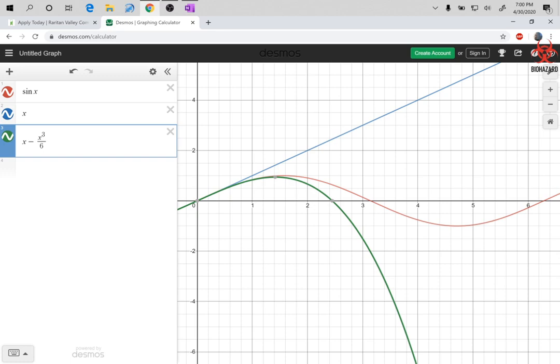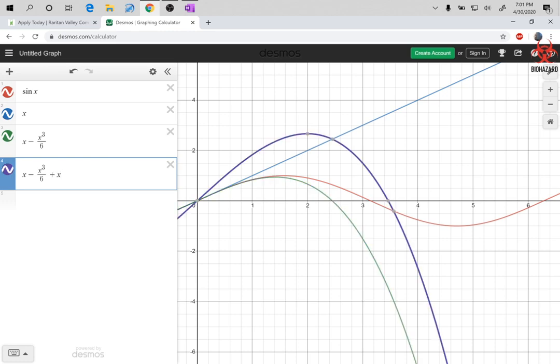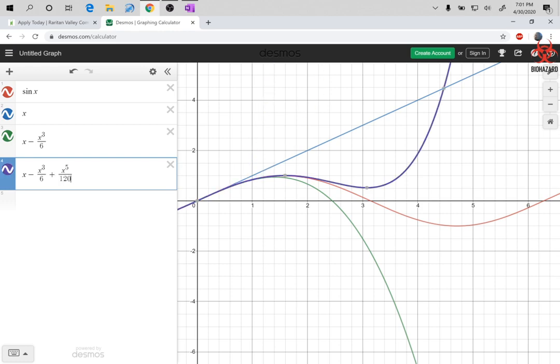What are we going to do? Obviously, we are going to add another term, and that's our x to the 5. So I'm going to copy this because I'm lazy to type all of this mess. Copy, paste, and then plus x to the 5 divided by 120. That gives us this purple line.